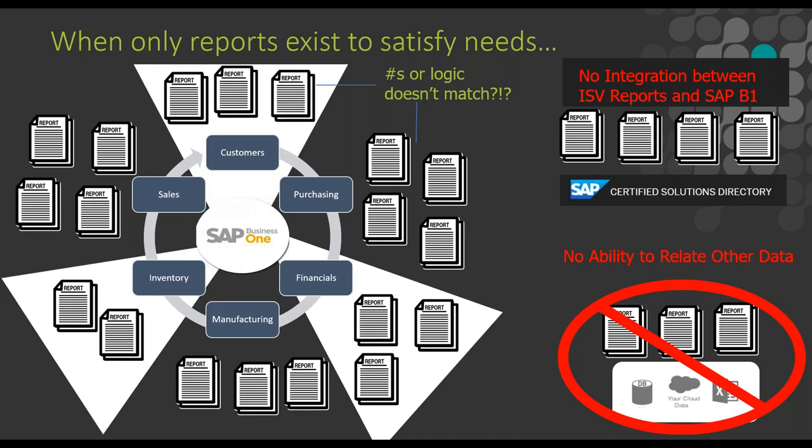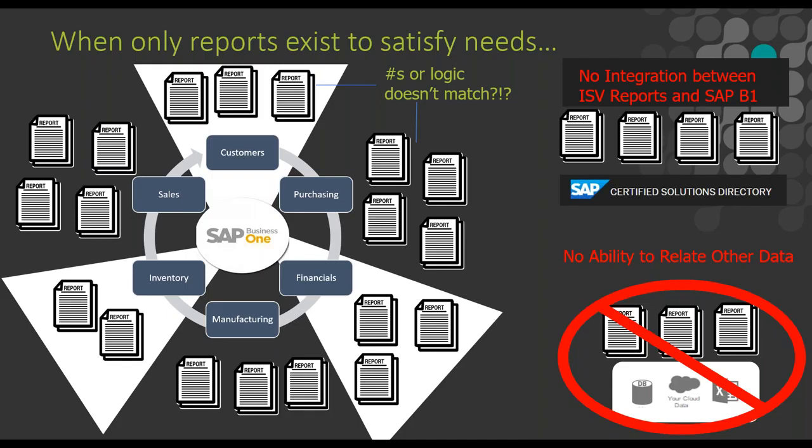So if you think back to what we just showed with the Zap Data Hub piece, what we're doing is building the data platform that underlies the reporting. That means the numbers are consistent, and that the calculations and logic are built into a data layer versus built into the individual reports.